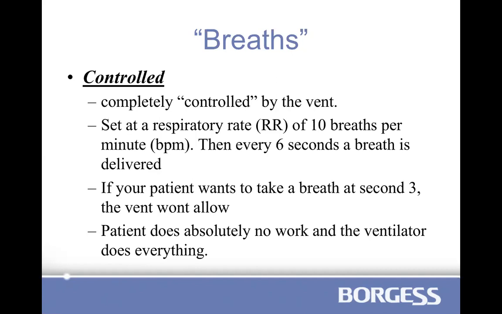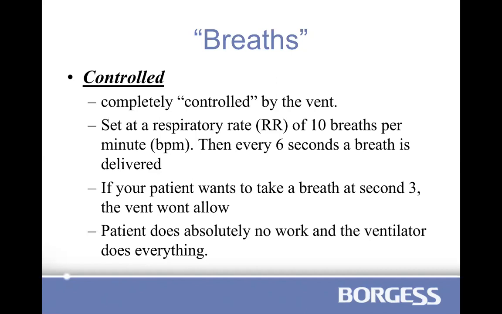I mentioned earlier you can have 3 kinds, either A, C, or S. So a controlled breath is something completely done by the machine. Whatever rate you set, let's say that you set a volume of 500 cc's. That means that if you have 10 breaths a minute, every 6 seconds the patient gets 500 cc's.